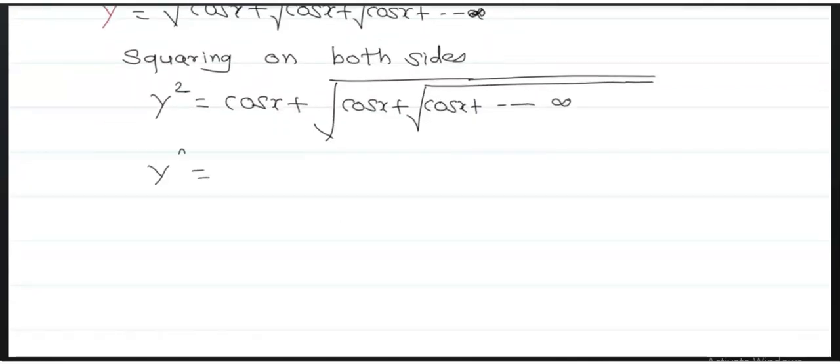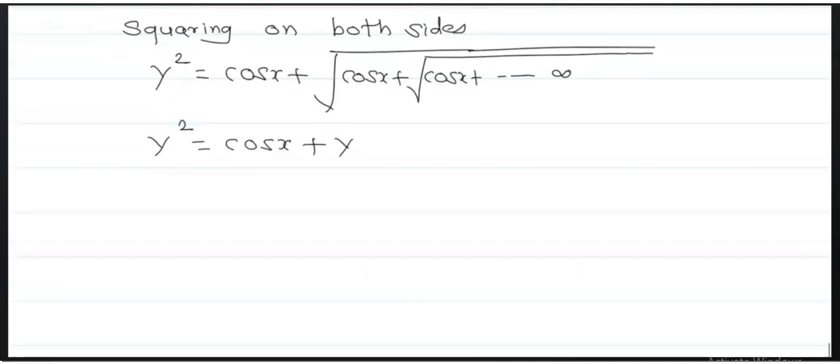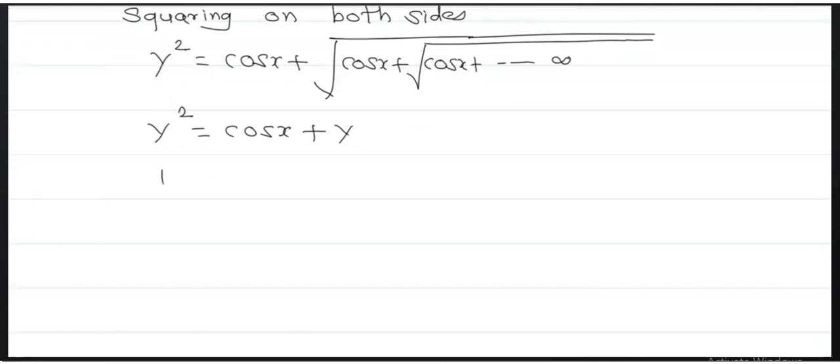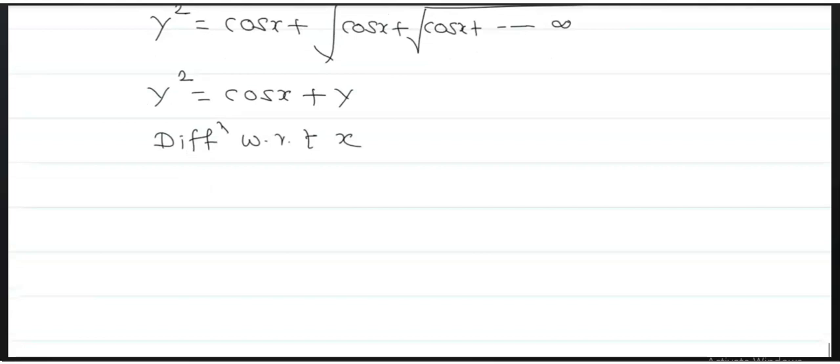Therefore y square is equal to cos x plus y. Differentiate this with respect to x, 2y into dy by dx is equal to minus sin x plus dy by dx.